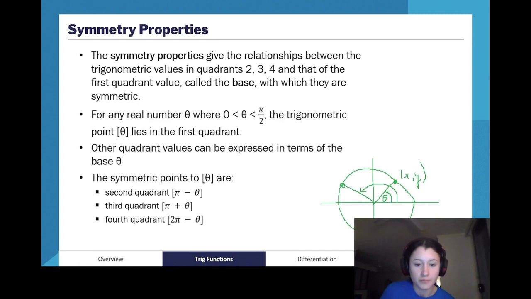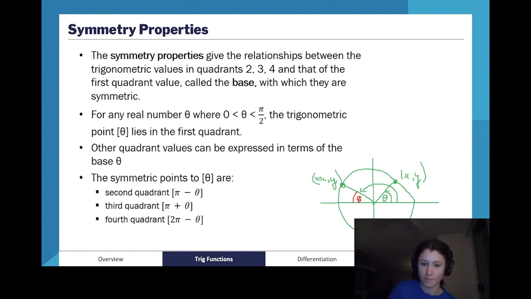So, if our angles in here are actually the same, so we have theta on one side and theta on the other side, measured from the x-axis, then these coordinates will actually be similar.